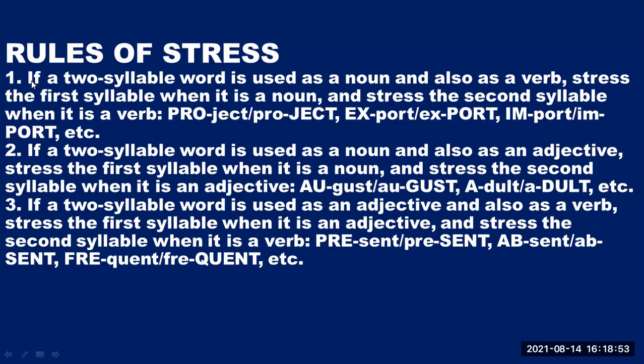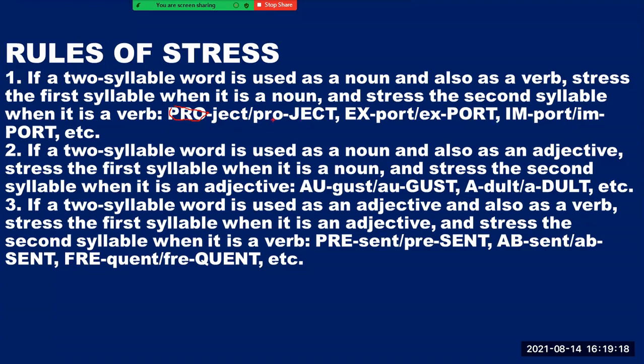For example, the first one: if a two-syllable word is used as a noun and also as a verb, stress the first syllable when it is a noun and stress the second syllable when it is a verb. We have seen that in the example. When we use this word as a noun, we stress the first syllable, it becomes project.